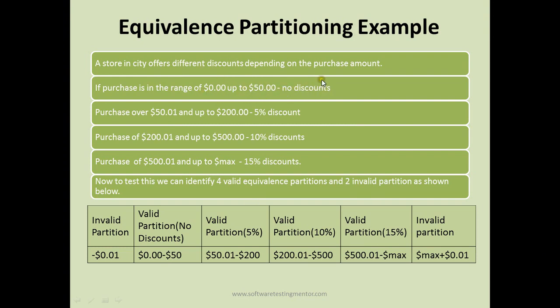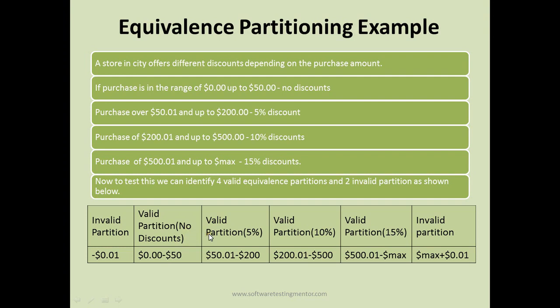So the first partition you can think of is that the purchase amount will start from $0, so 0.00 up to $50, so 50.00. So that's one valid partition wherein you will get no discounts.